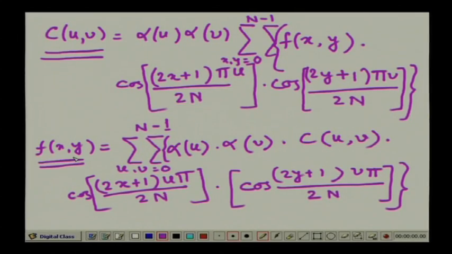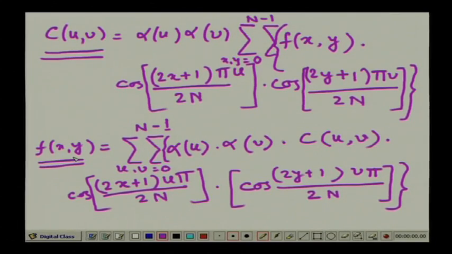The reason being, in case of forward transformation, the summation is taken over x and y varying from 0 to capital N minus 1, so alpha(u) and alpha(v) are independent of this summation operation. Whereas, in case of inverse discrete cosine transformation, the double summation is taken over u and v varying from 0 to capital N minus 1, so these terms are kept inside the double summation operation.